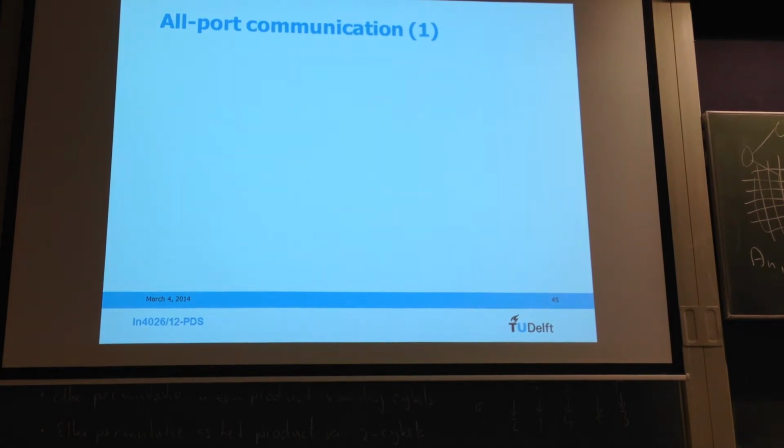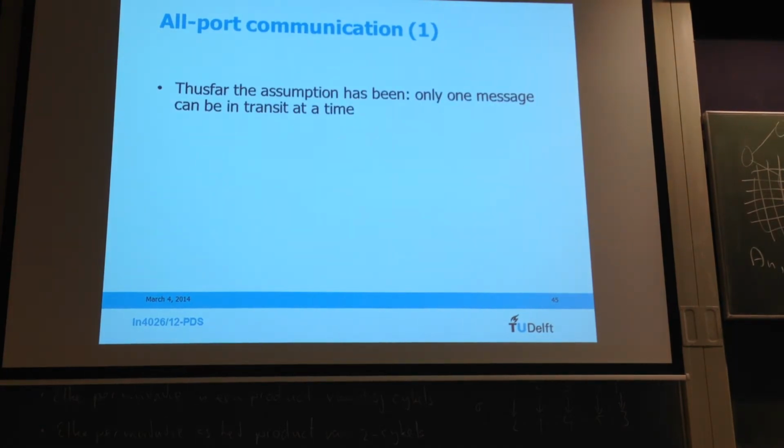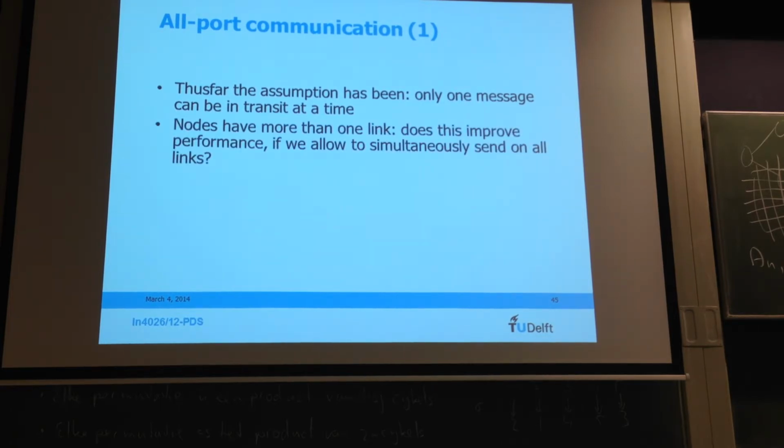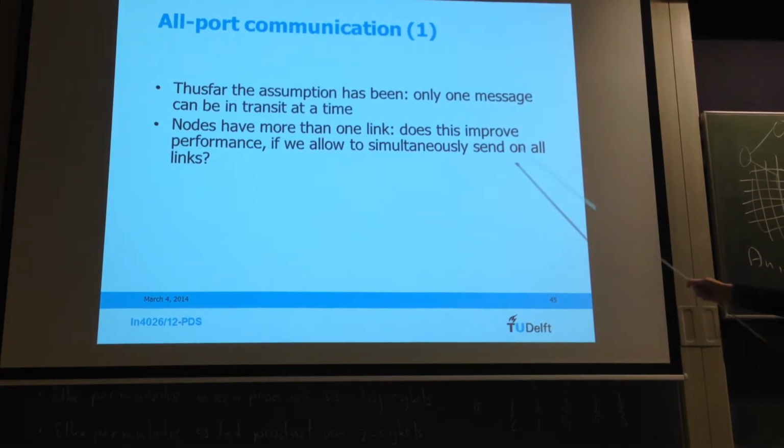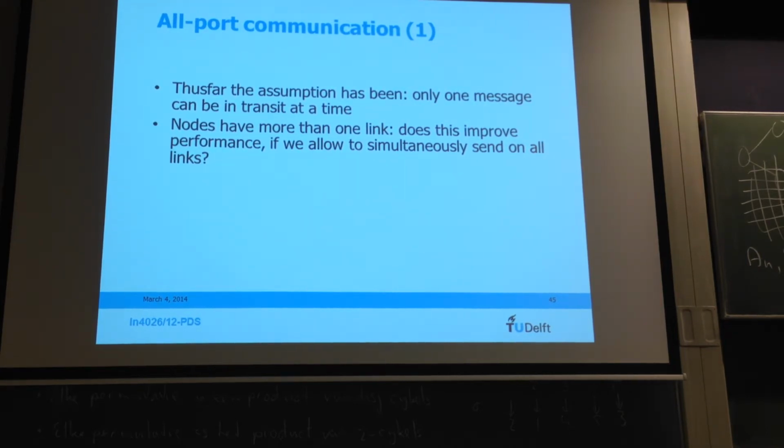So let's go back to our assumptions. Thus far, the assumption has been that only one message can be in transit at a time. Now you could say, as you said before, that the nodes have more than one link. The question is, does it improve performance if we allow sending simultaneously on all links? Well, there are several things to say.